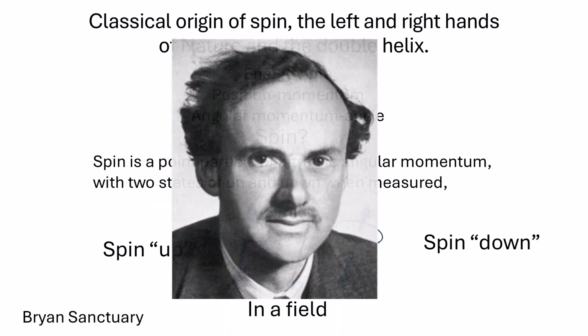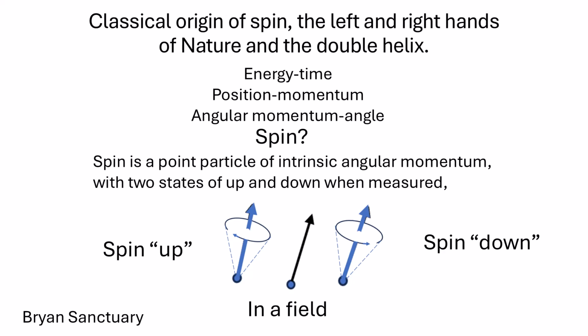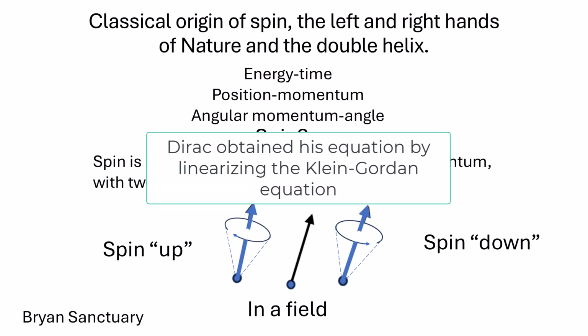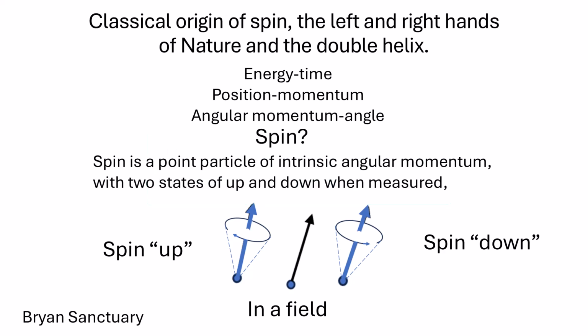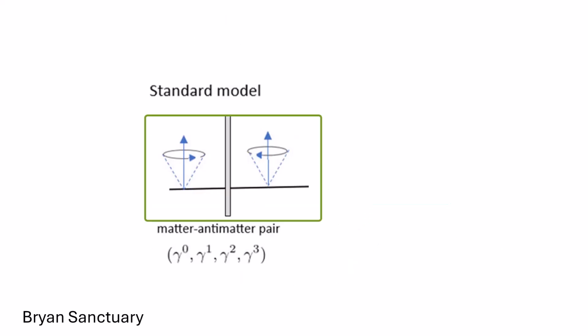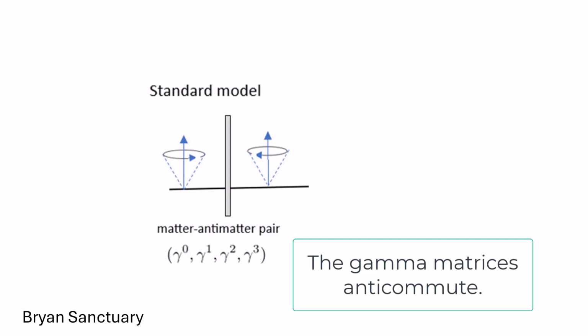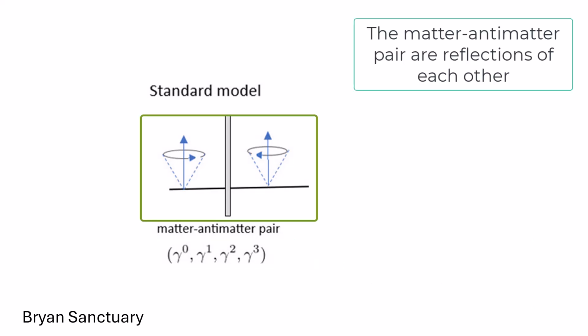He derived his equation by linearizing the Klein-Gordon equation, but there was a problem. The Klein-Gordon equation describes one particle, and the Dirac equation describes two. After a lot of thought, he came up with his matter-antimatter pair. I will not discuss his famous gamma matrices, except to say that they must anti-commute to make sense. I have depicted his pair as two separate spins.